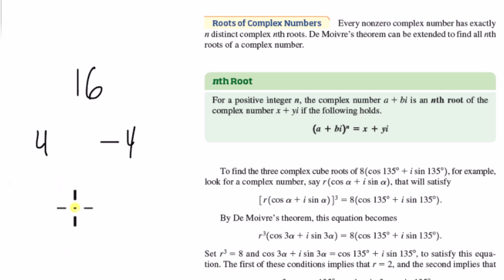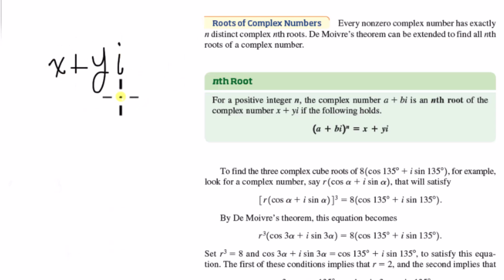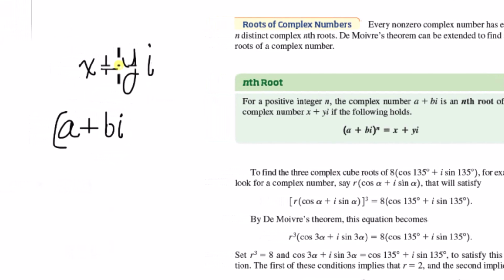And so from the complex number standpoint, all they're saying here is that if you have a complex number x plus yi, an nth root of this is going to be any number that when you take it to that n power, you get this. So they write it like this.